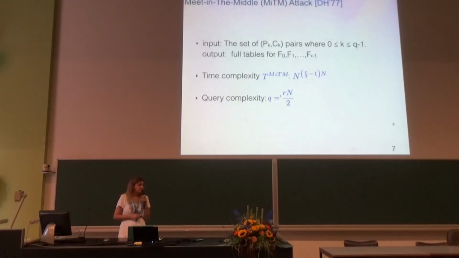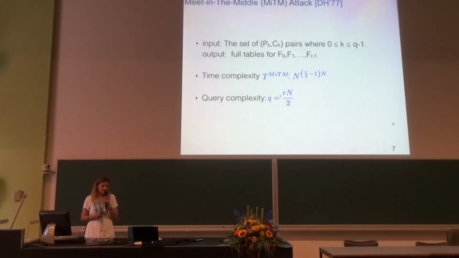So, switching gears, there is already the meet-in-the-middle attack invented by Diffie-Hellman in the late 70s. I'm not going to talk about the idea, but the input to this attack is a set of known plaintext-ciphertext pairs, with some number Q, and it will output the full tables for all the round functions.